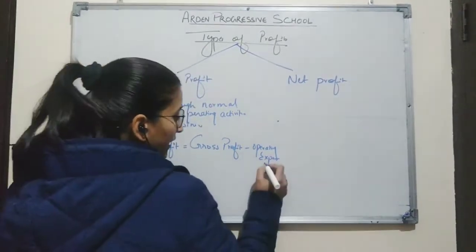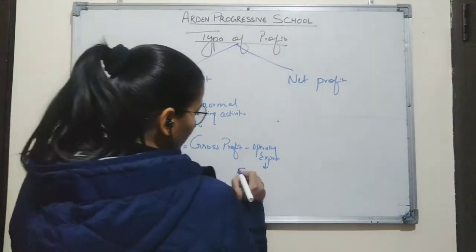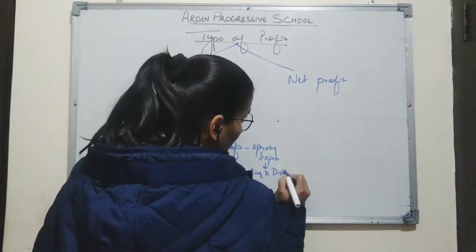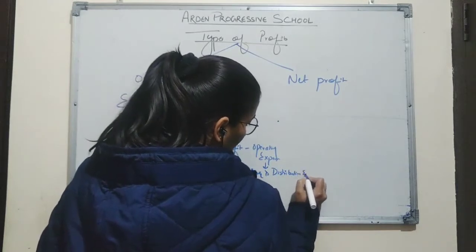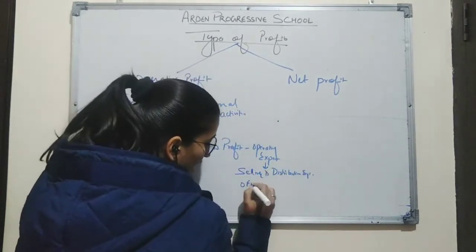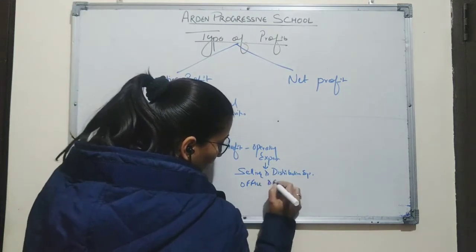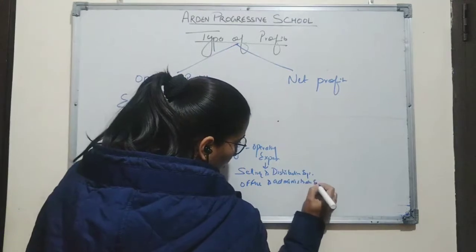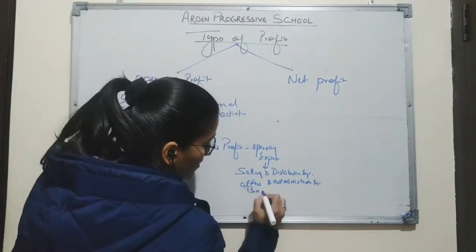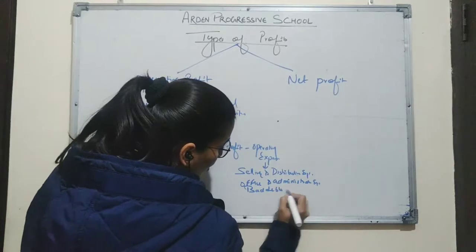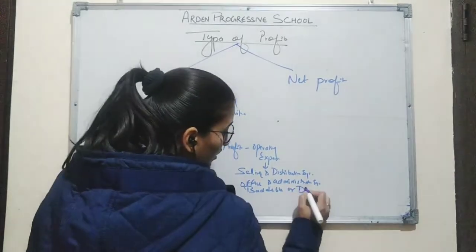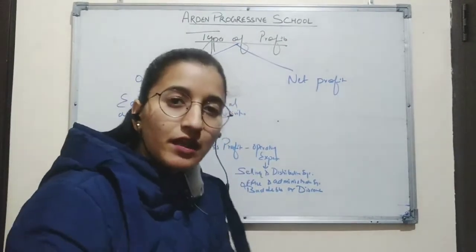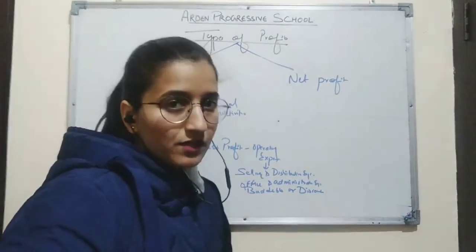Now here operating expenses can be selling and distribution expenses, office and administrative expenses, and we can say bad debts or discount, etc. So here operating expenses are basically related to the operating activities of the business.